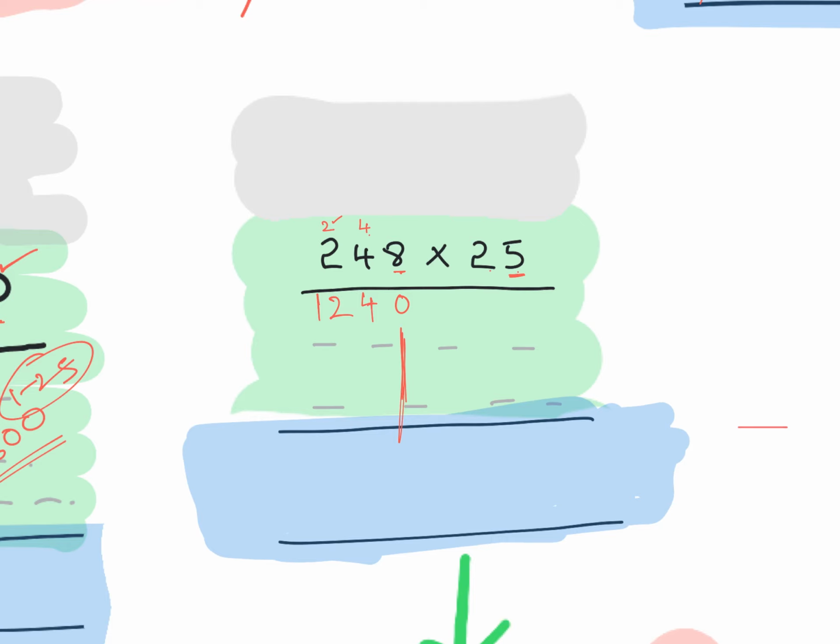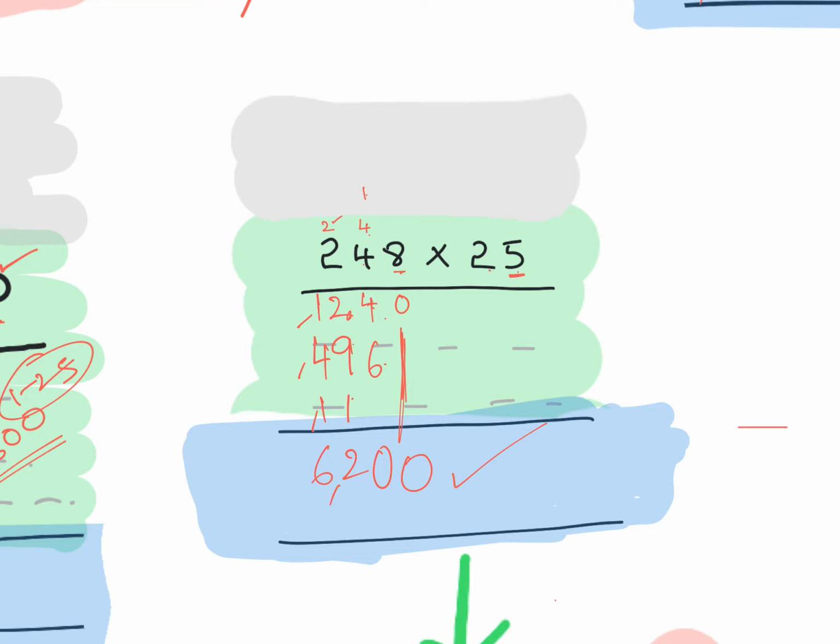Then 2 8s are 16, 2 4s are 8 and plus 1 is 9, and 2 2s are 4. So here 0 in this one, and 6 plus 4 gives 10, 1 being carried up. Next 9 plus 1 and 2, it is 12. And then here in the last column 1, 4 and 1, it is 6200.